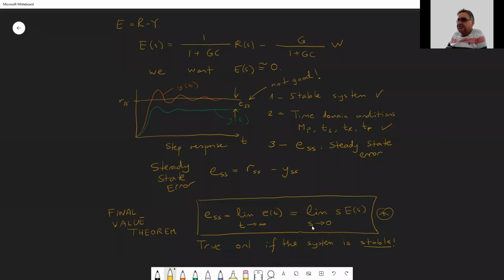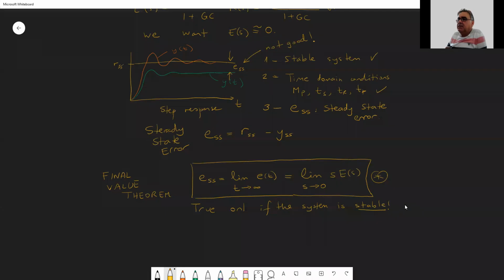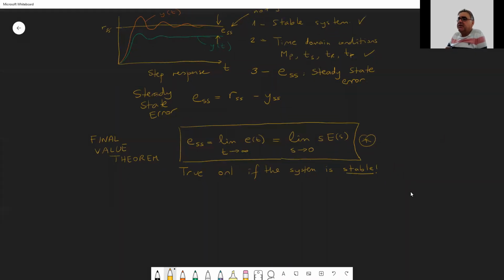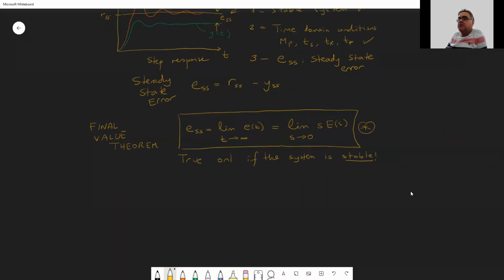And then the tool for analysis of such things will be the final value theorem. The steady state value of any signal can be found from its Laplace transform by taking the limit, letting s go to 0, and multiplying that signal by s times U of s. Okay, that's how we do it.